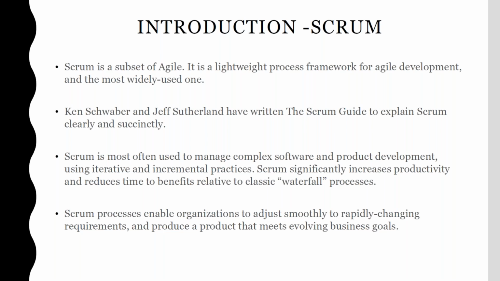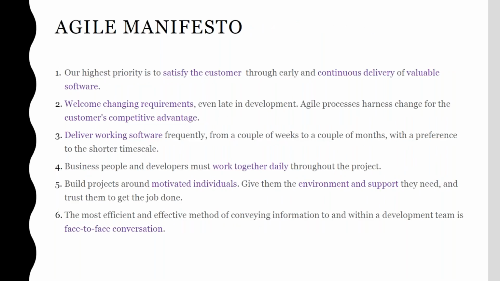For that, they have framed some rules to be implemented in your Scrum. Those are nothing but your manifesto. There are 12 principles, so we call them the agile manifesto, and we are going to discuss this agile manifesto.